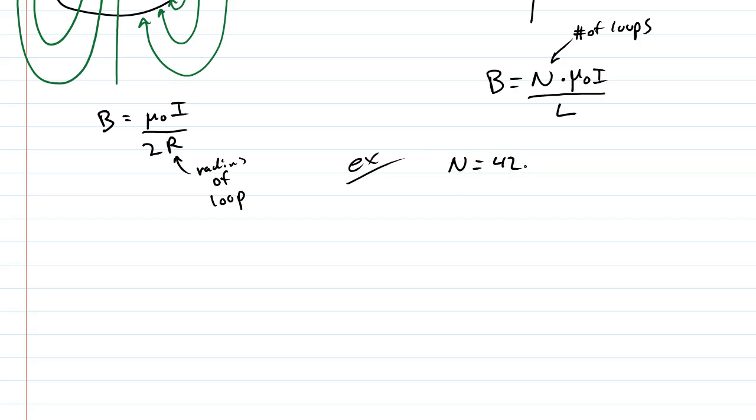So we wrapped the copper wire around our nail 42 times. The length, when I measured out that coil, was about 7 centimeters. And then the current, now I'm kind of estimating here, it's hard to tell exactly the current that was coming out of that 6-volt battery.